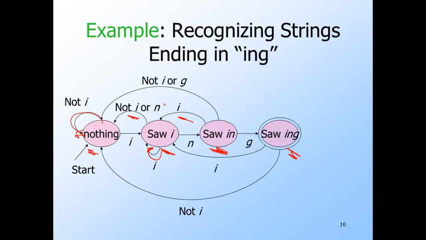On any input other than I or G, including N, we have no progress at all, so we go back to the start state. And finally, from state saw ING, we can only go to state saw I if the next input is I, and otherwise we must go back to the start state.